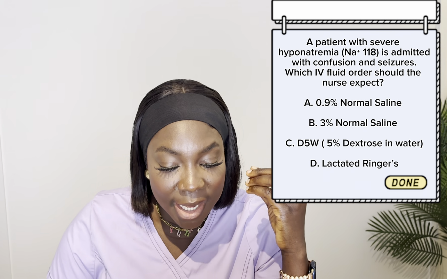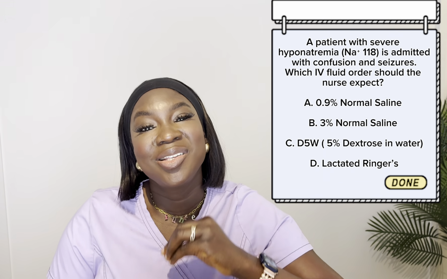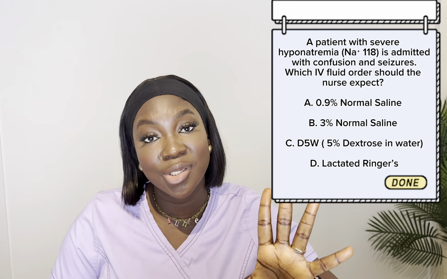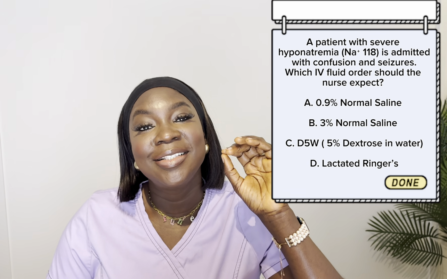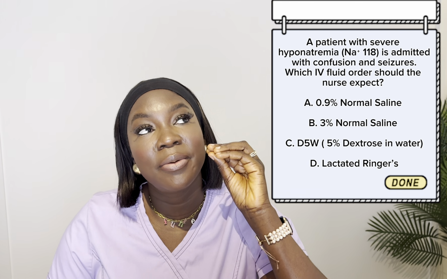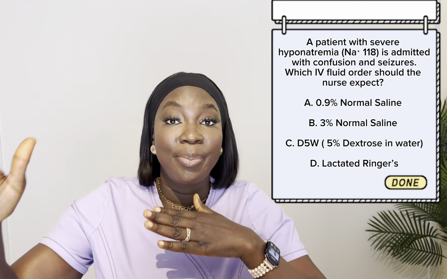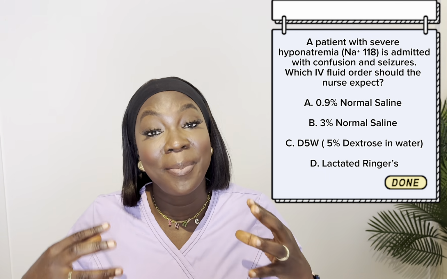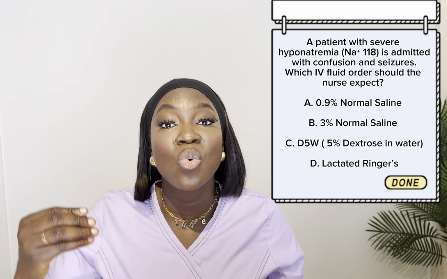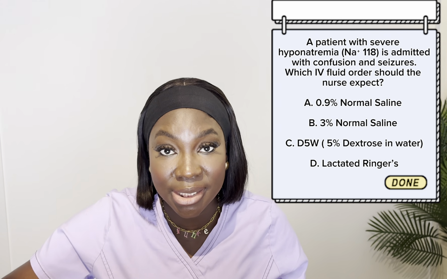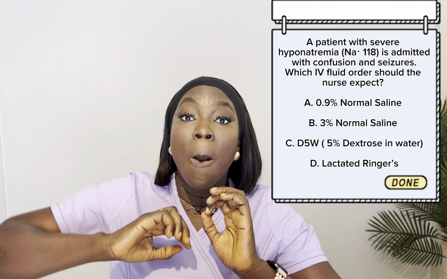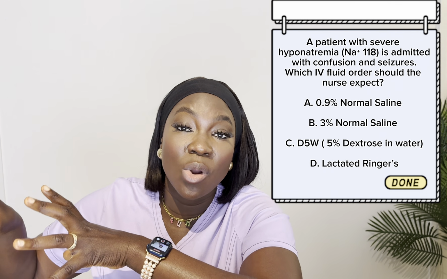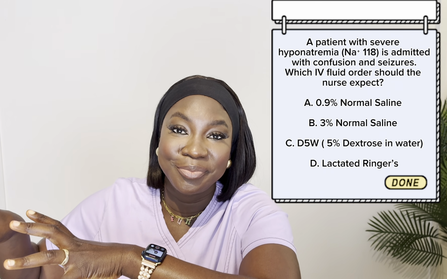And C says D5W, that is 5% dextrose in water. Remember, dextrose is sugar. Something interesting about 5% dextrose in water is that in the bag, it is an isotonic fluid. And when it metabolizes in the body, it turns into a hypotonic fluid. And hypotonic fluids shift water into the cell.